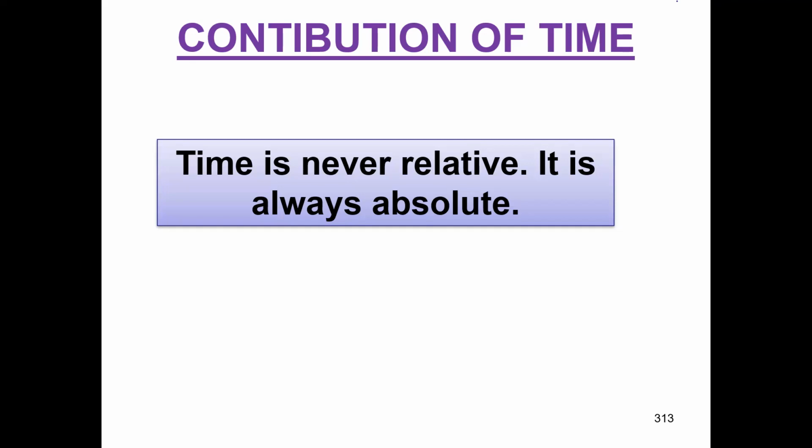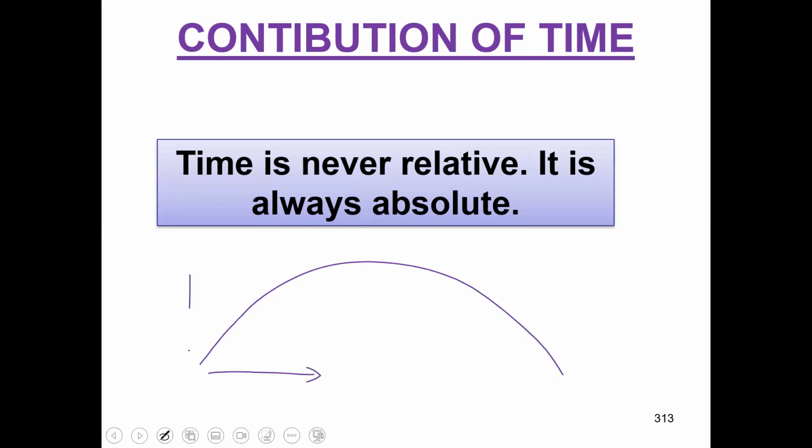Some features of motion are resolvable. You can resolve displacement. You can resolve velocity. You can resolve acceleration, but you cannot resolve time. So if a projectile is moving like this, there is a horizontal displacement and there is a vertical displacement.